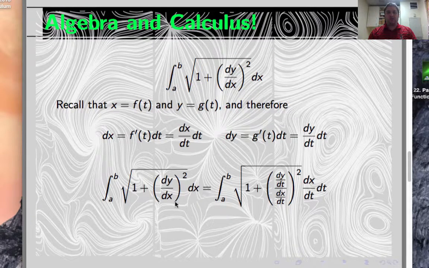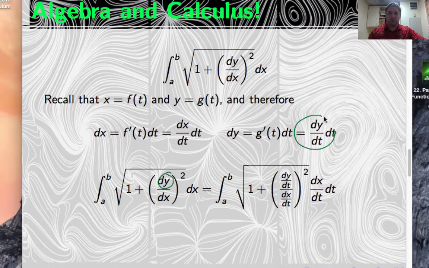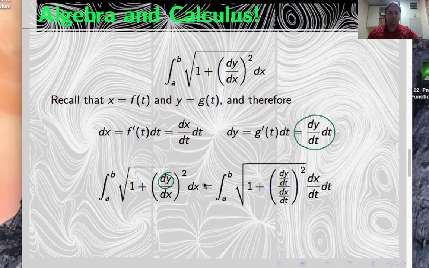Okay, so I'm going to use my arc length formula. That's the formula on the left here. And then what I'm doing is I'm replacing this dy with what dy is equal to. It's equal to this mess. And then I'm replacing dx, both of these dx's, with what dx is equal to. And when you do that, you'll notice, in particular in this fraction inside of the parentheses, these dt's are going to cancel.